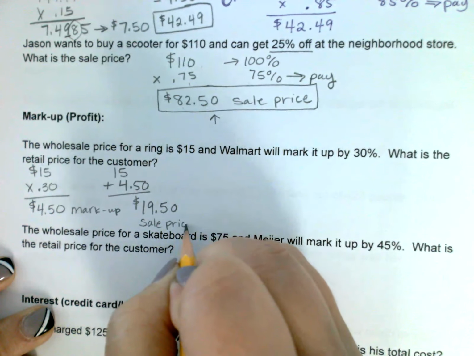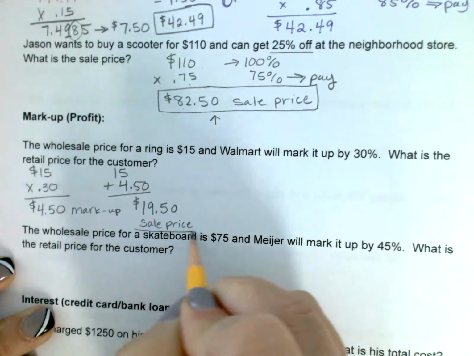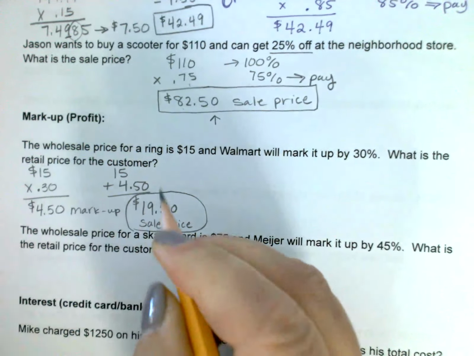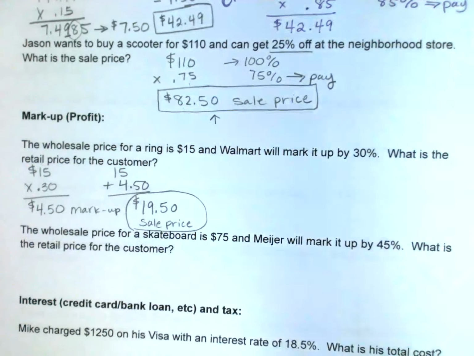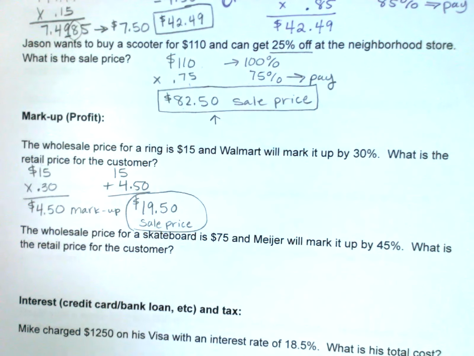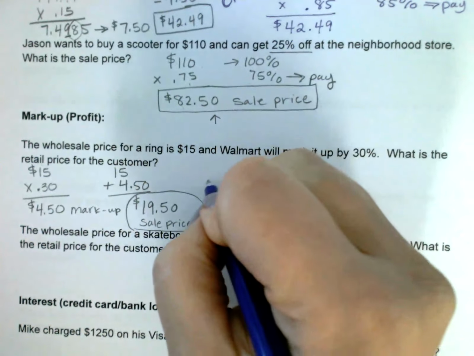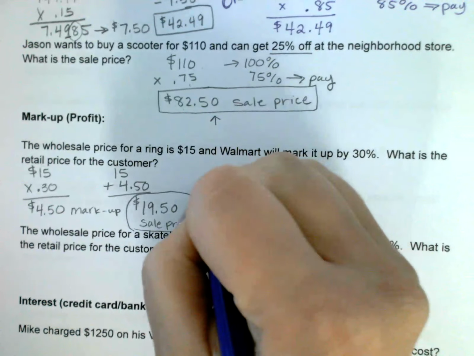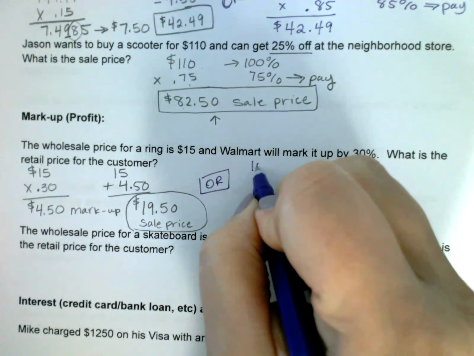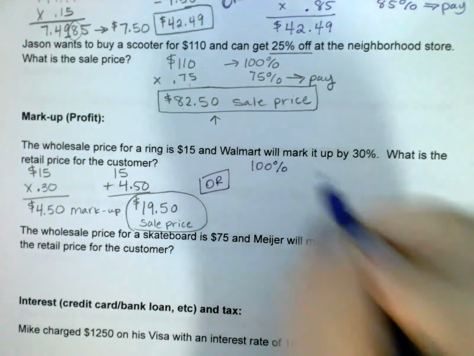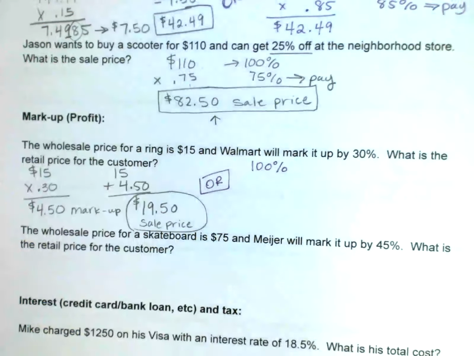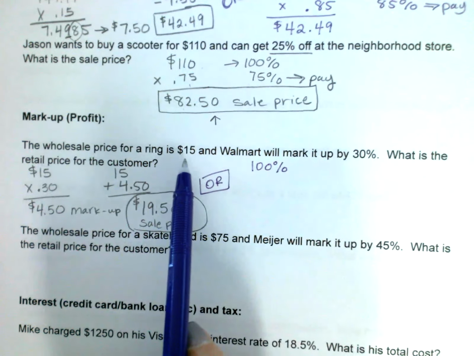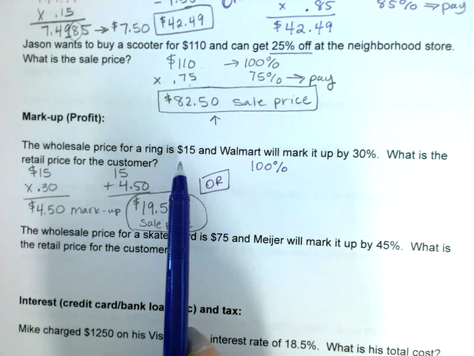And when I say sale price here, I'm not meaning discount. I meant this is what they're selling it for. Again, I'm going to challenge us to think about doing it in a different way. All right, so we know that the customer needs to pay 100% of the cost of the item. The cost of this item was $15.